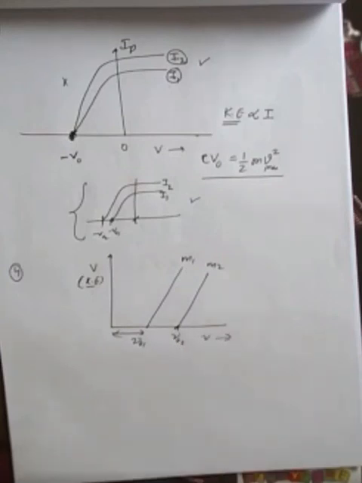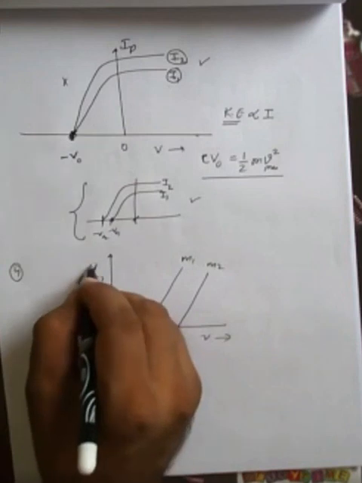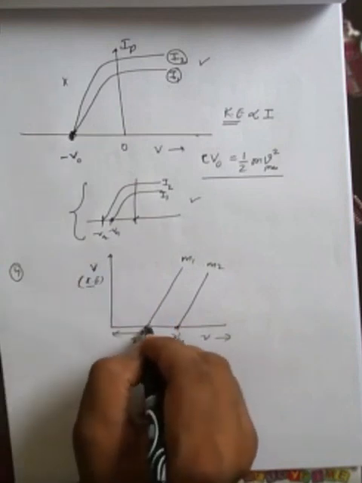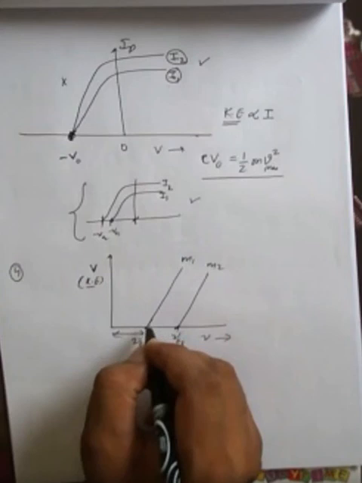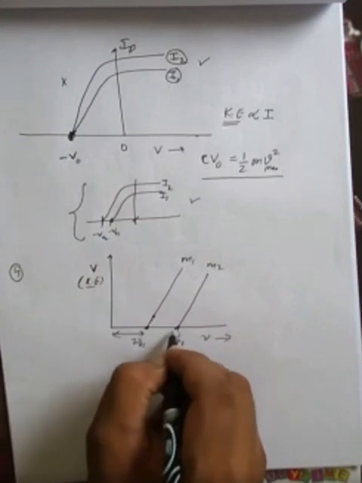A variation of the stopping potential with frequency of the incident radiation. So the stopping potential is increasing. It means the maximum kinetic energy of the photoelectrons increases with increasing the frequency of the incident light.